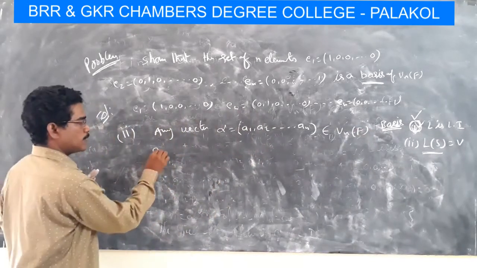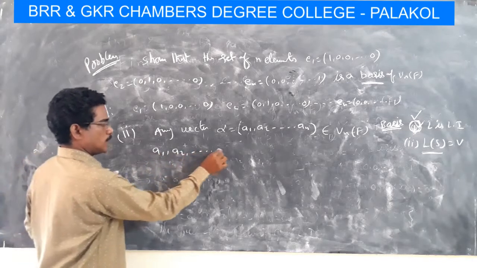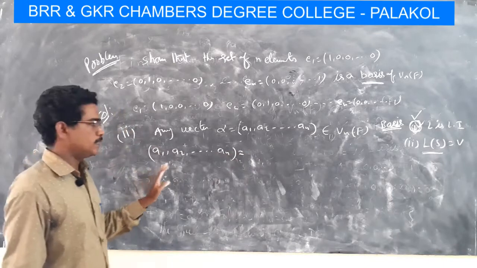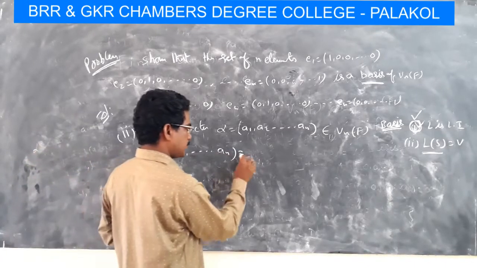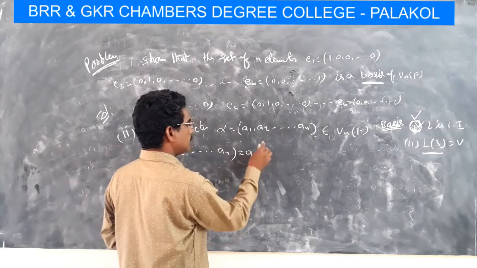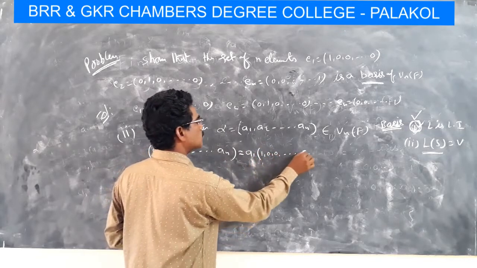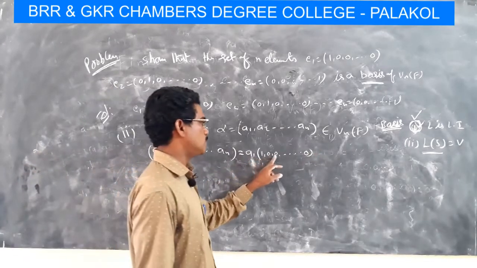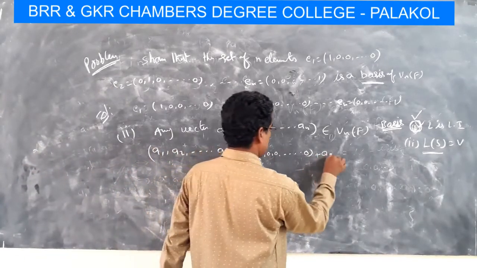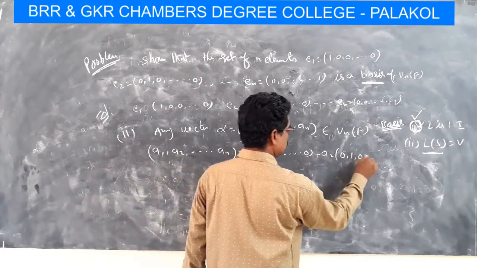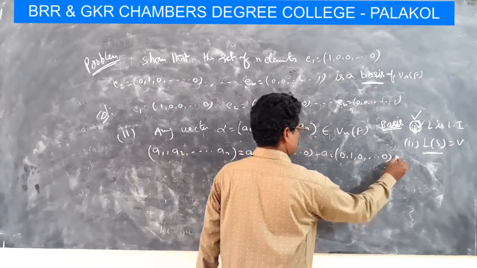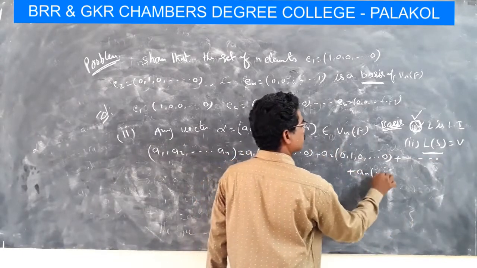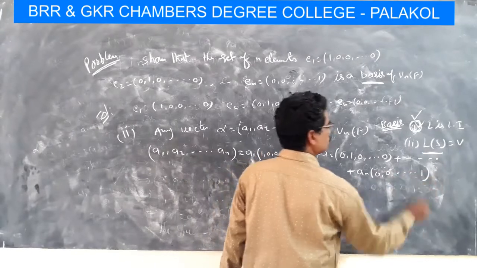Then a1, a2, so on an equals the linear combination: a1 into 1, 0, 0 up to 0, plus a2 into 0, 1, 0 up to 0, plus and so on plus an into 0, 0, up to 1.